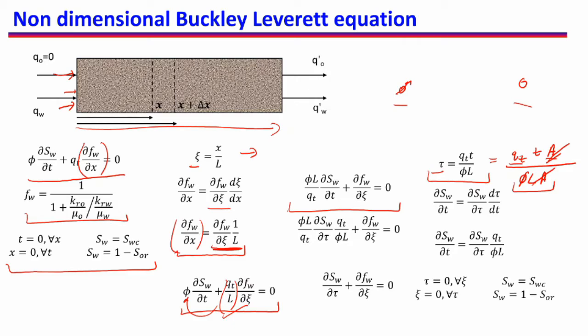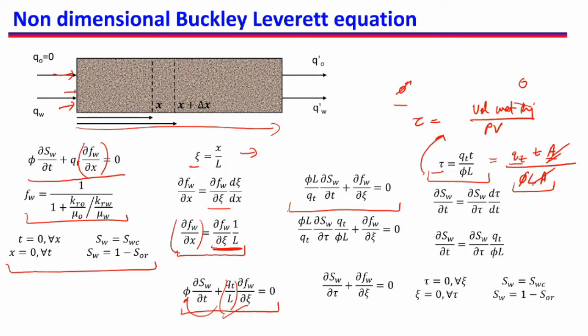So what I am doing here is I am multiplying the volume of water injected divided by PV. So that means tau is my physical quantity which gives me the total number of pore volumes injected. So suppose tau is equal to 1. In that case, you have injected 1 pore volume.